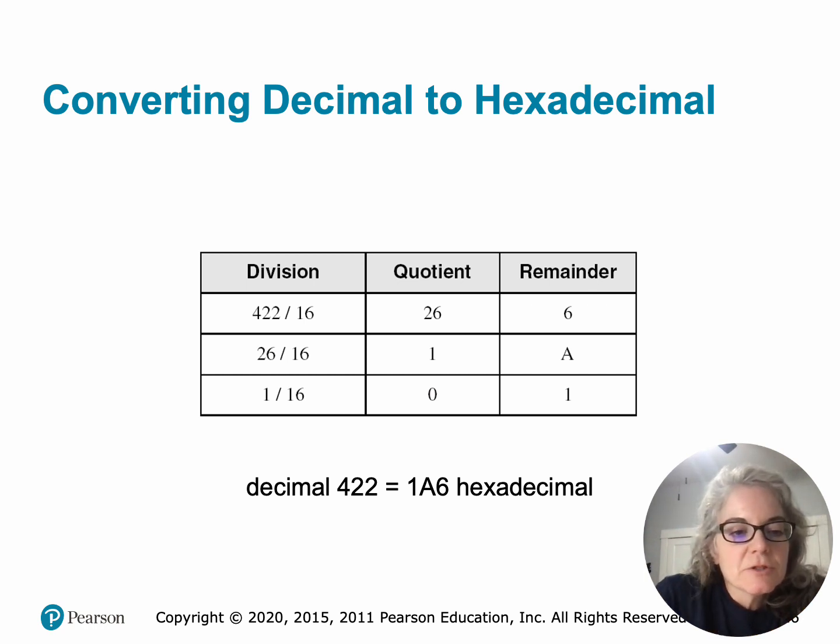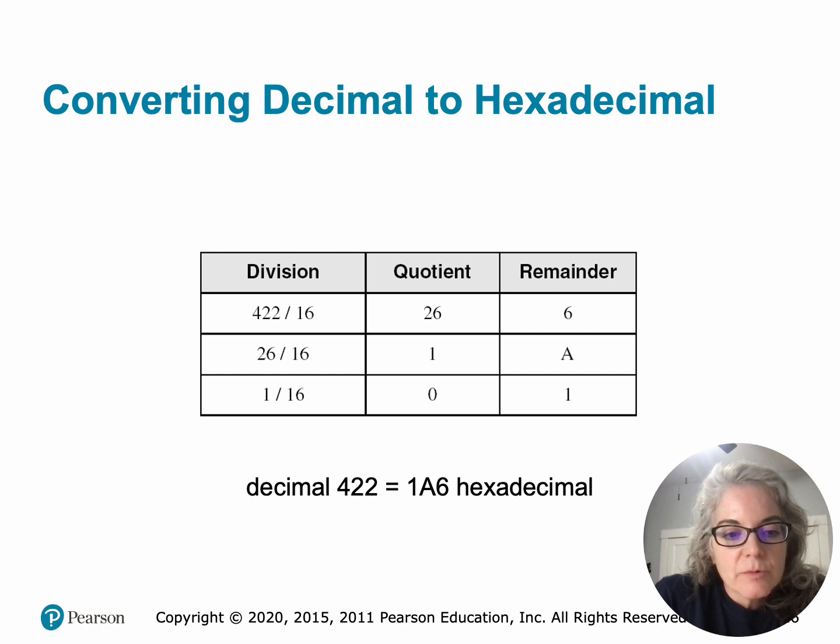This one's a little bit easier to do in our head, right? We know that 16 can only go evenly into 26 one time, and the remainder is going to be 10, because 1 times 16 is 16, and 26 minus 16 is 10. So here's 10 right here.